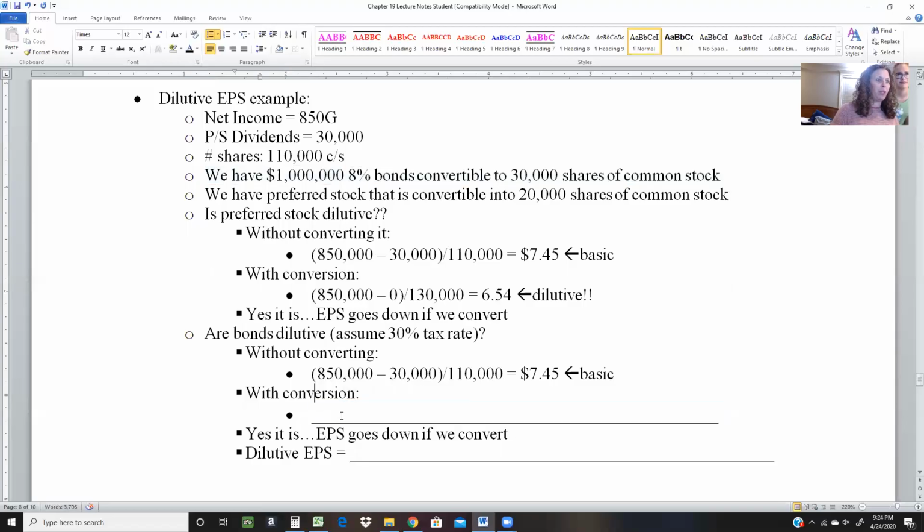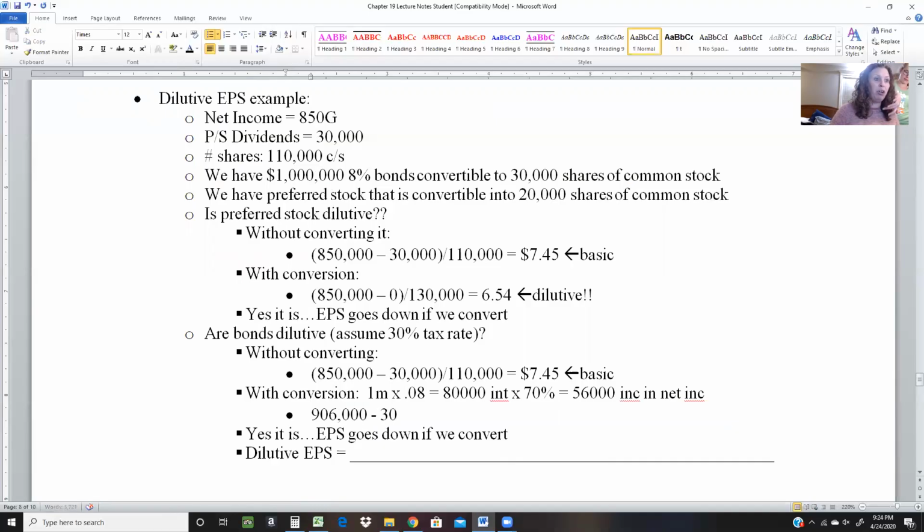So I guess I could show my work a little bit right here. 1 million times 0.08 equals 80,000 interest, times 70%, because 30% of it goes to the government, is a $56,000 increase in net income. So the 56 goes up from 850, which gives us 906.